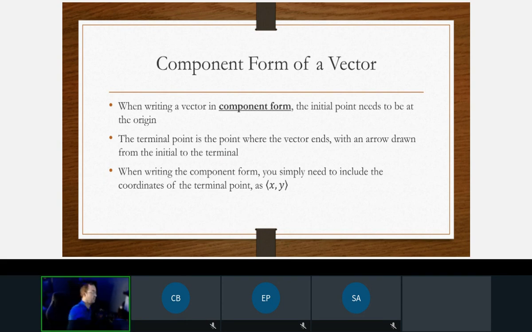It's not working. What's going on? Hello, screen.